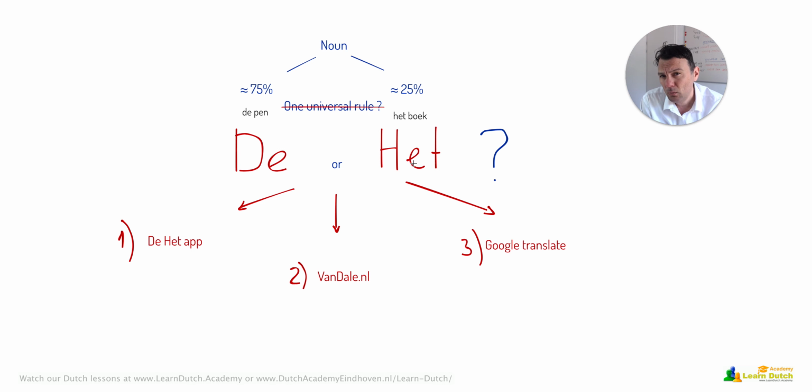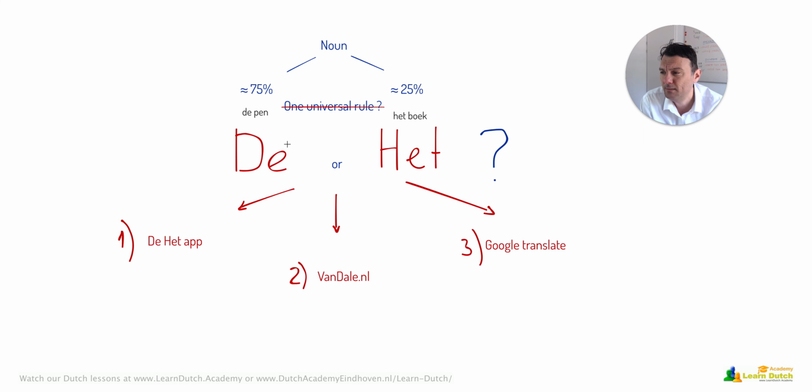You can always guess. Approximately 75% are "de" words, so the majority are "de" words. If you just don't know, you don't have any idea, go with "de". 25% are "het" words.